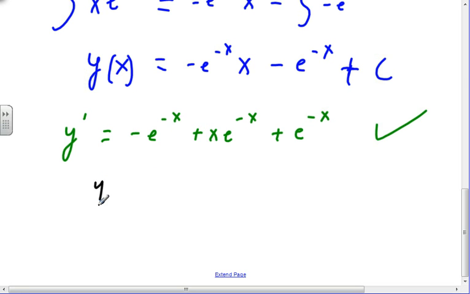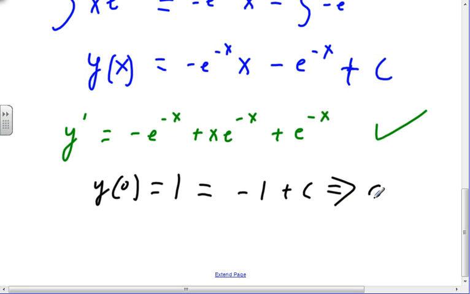Okay, so y at 0 is 1. So y at 0, that becomes a 1, that becomes a 0. I got a minus 1 plus c, implying that c is equal to 2.